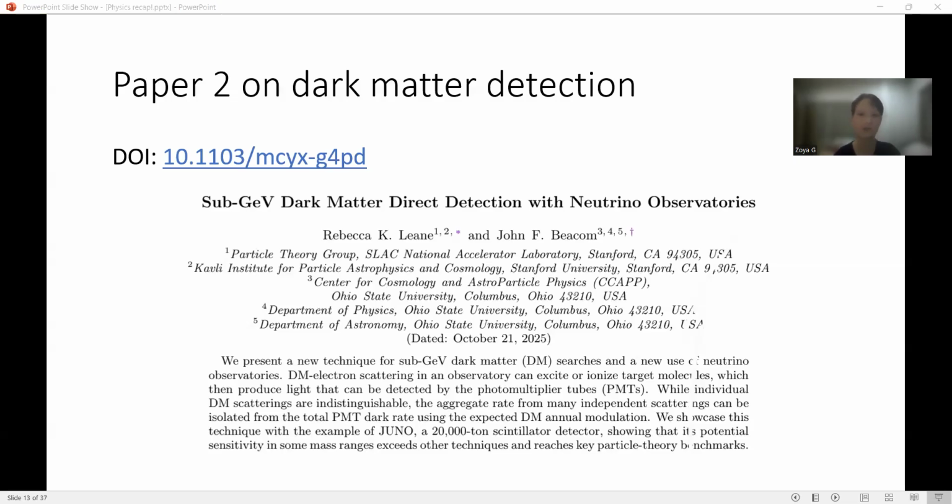Specifically, the proposal is to consider these detections at a much larger scale than has ever previously been done, in order to increase the likelihood that mega electron volt range dark matter leaves a trace on the photomultiplier tubes.